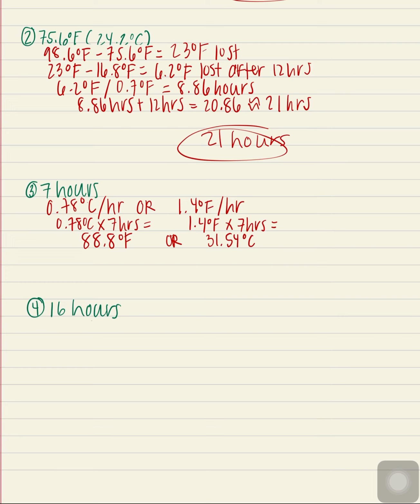All right, so then there's an additional step also with this one because more than 12 hours have passed, so we have to use two different ratios. So what we're going to do first is figure out how many hours past 12 hours. So we know 4 hours have passed after those initial 12 hours. And then we're going to figure out the ratio.